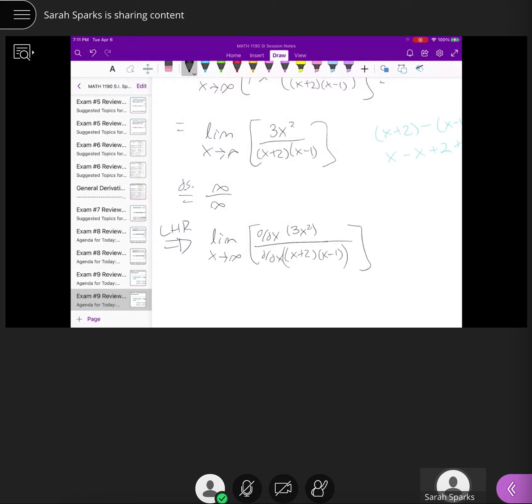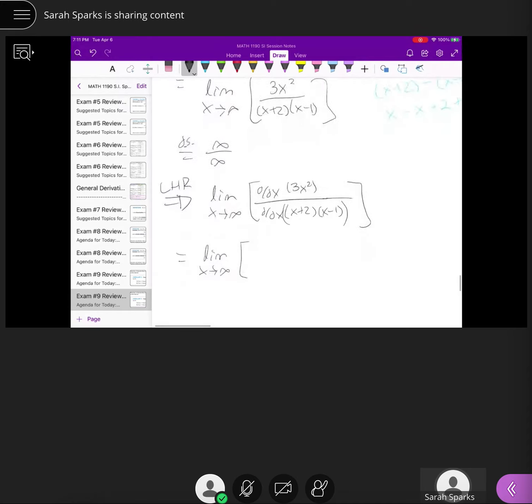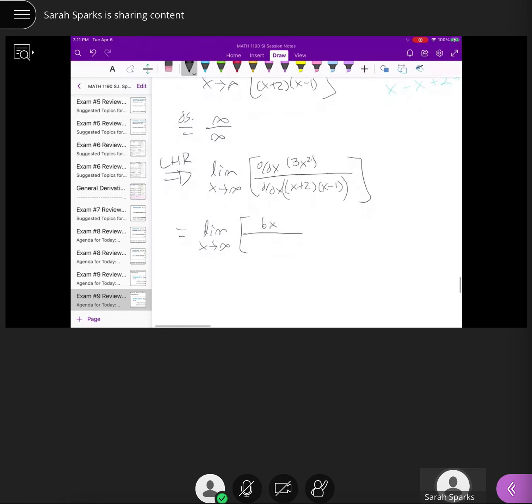For the top derivative, we're just going to use power rule, and for our bottom derivative, we are going to use product rule. So for our top part, we get 6x. For the bottom part, x plus 2 times d dx of x minus 1, plus x minus 1 times d dx of x plus 2.